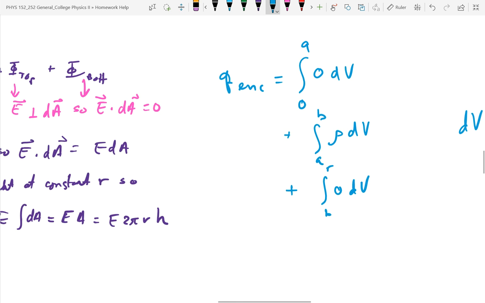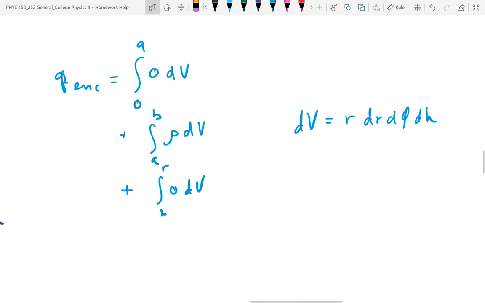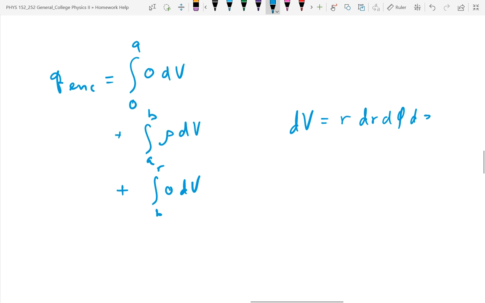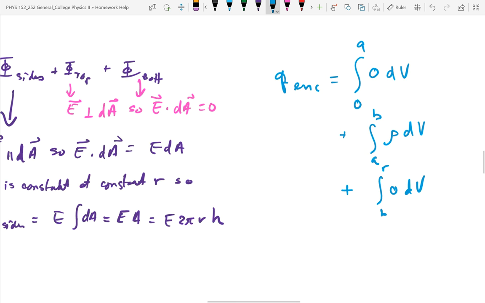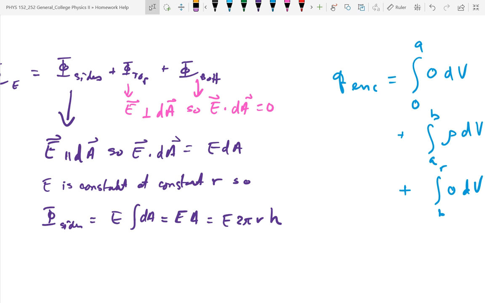Because r d phi is the length this way, dr is the length this way, and dh, or dz, I guess, is the height. And so you're going to go ahead and do your integral. I'm not going to do the integral here because we have the dV. You can do your own calculus. And so you, once again, set charge enclosed equal to the flux for each of the three regions to find what the electric field is in each of three regions.